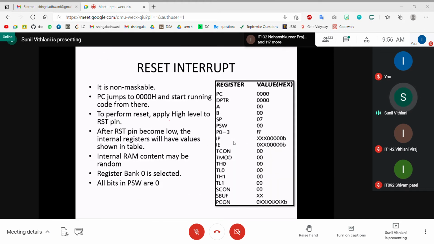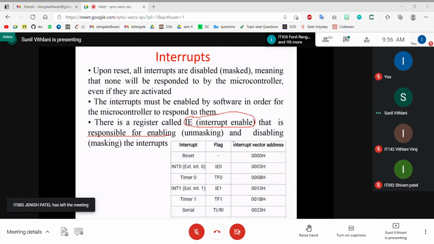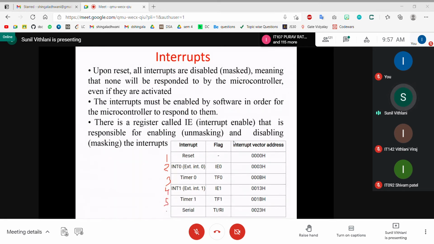And this is what I was talking about, the reset. When we press reset, it cannot be avoided. You cannot avoid a reset. Here I have listed out these interrupts. How many interrupts are supported in the controller? 1, 2, 3, 4, 5, and 6 interrupts are there.